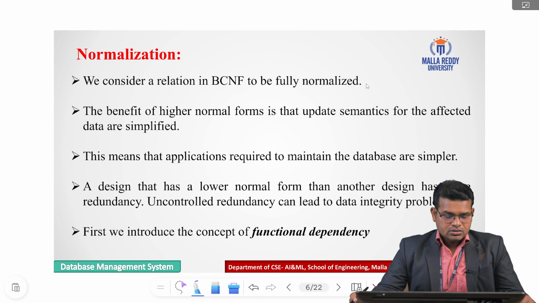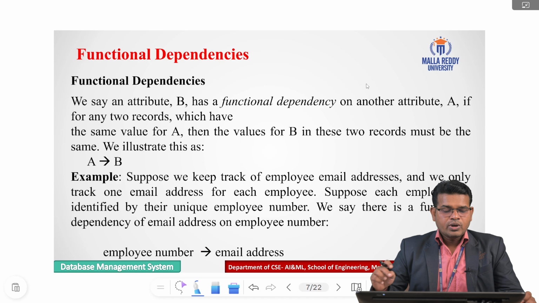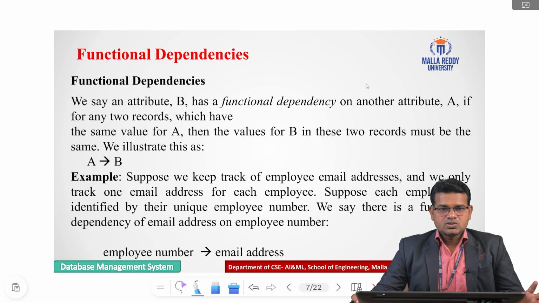First we introduce the concept of functional dependency. Why functional dependency? If functional dependency is clearly understood, it is easy to relate it to normalization, because the concept of keys in DBMS relies on functional dependencies. So what is functional dependency?